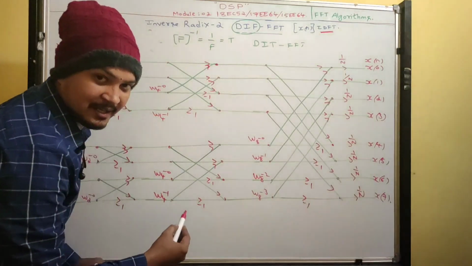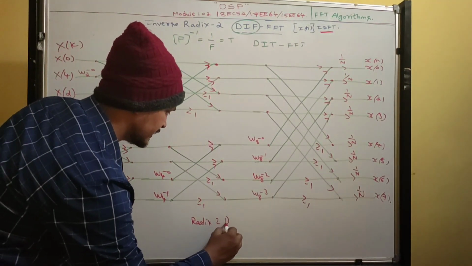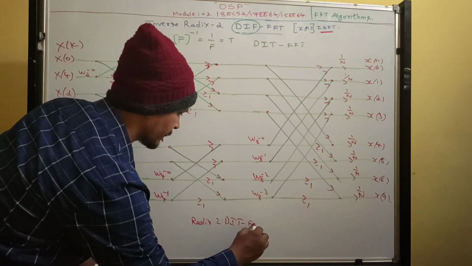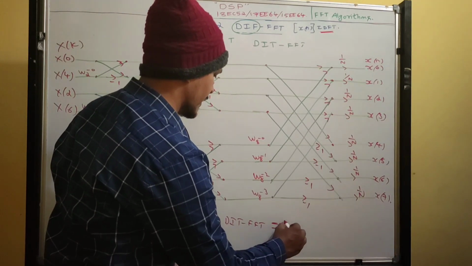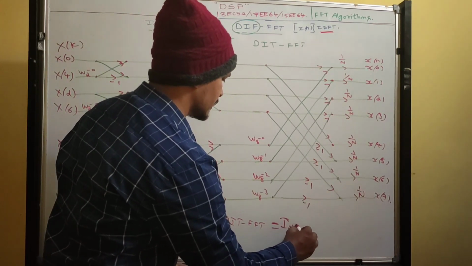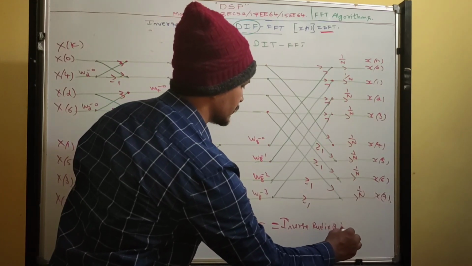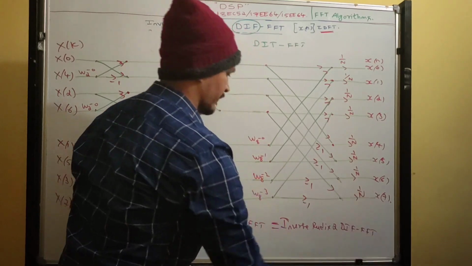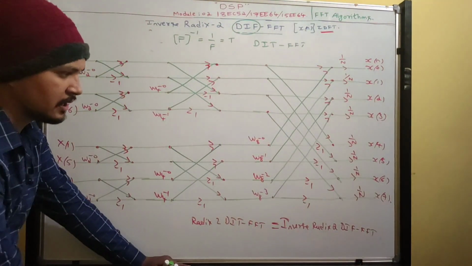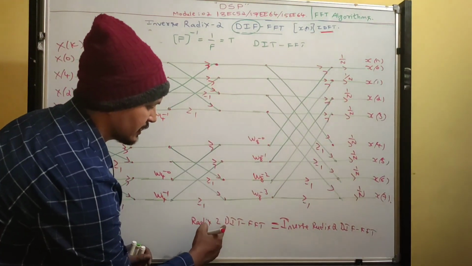Okay, what can you conclude? Radix 2 DIT FFT is the same as inverse radix 2 DIF FFT. Look at here, decimation in time.